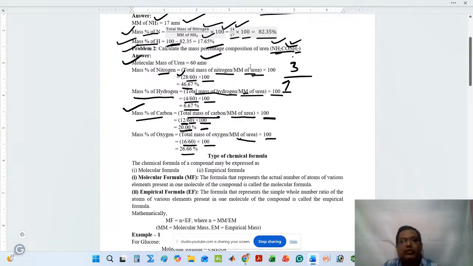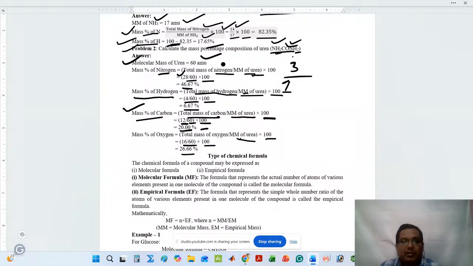So finally, we conclude that the mass percentage composition of urea is: nitrogen 46.67 percent, hydrogen 6.67 percent, carbon 20 percent, and oxygen 26.66 percent. I will give a trick to check whether the answer is correct or not. After addition of each percentage, you must find it is equal to 100.